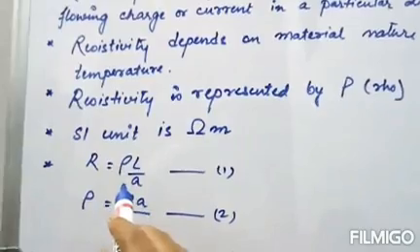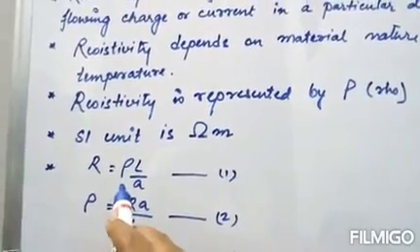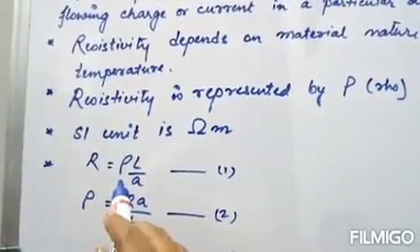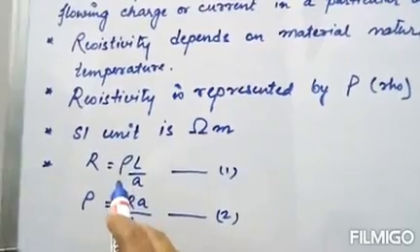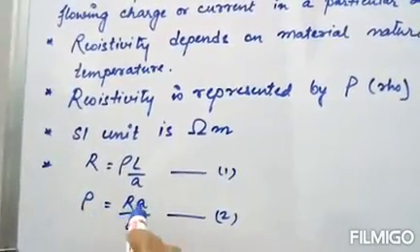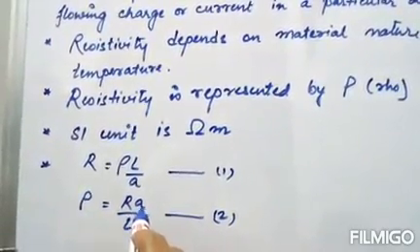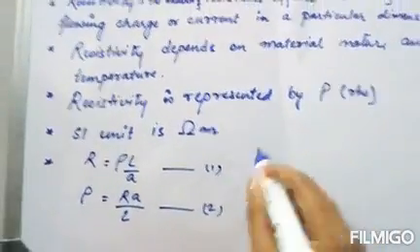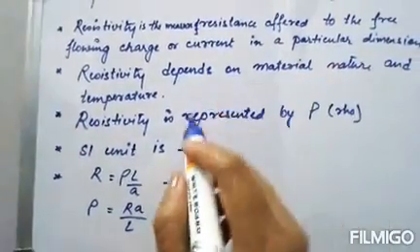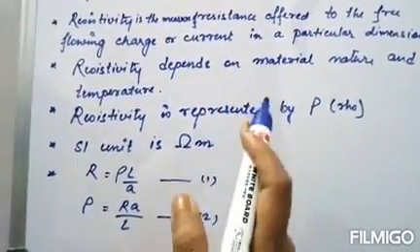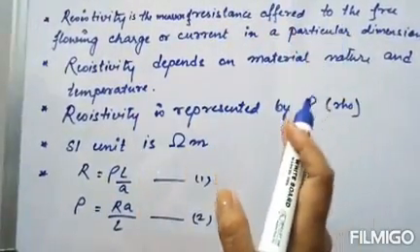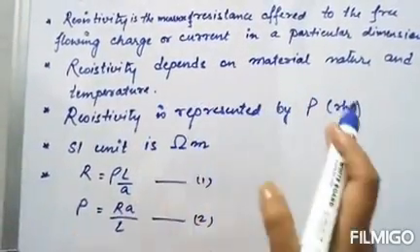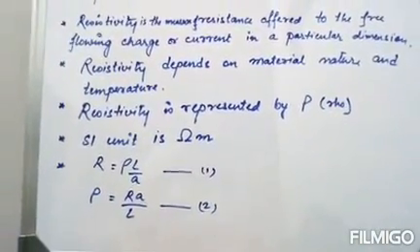If we are asked to find the resistivity of the material of the wire, rho is equal to resistance into A by L. So we have learnt about two terms: one is resistance and another is resistivity. The two terms are different, so note it down.